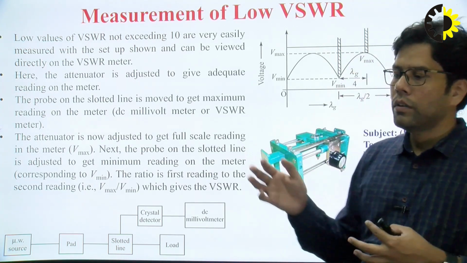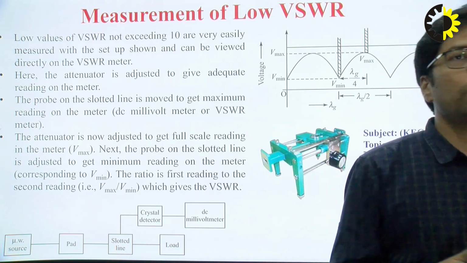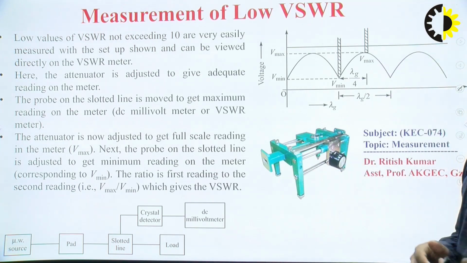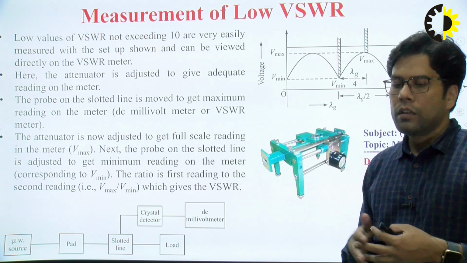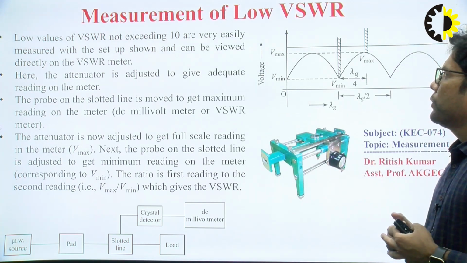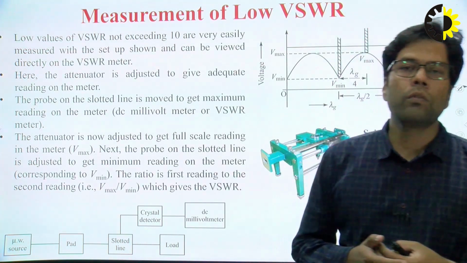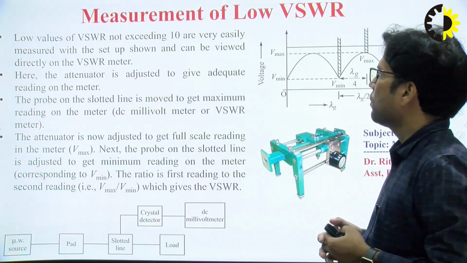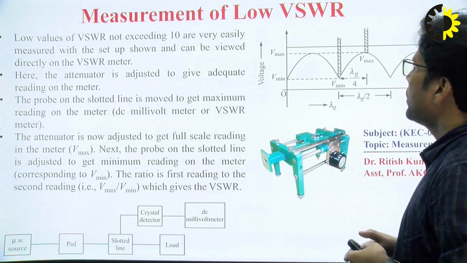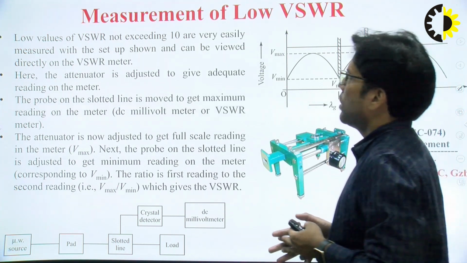If the value is less than 10, we consider it a low VSWR, while if it is greater than 10, we consider it a high VSWR. There are different techniques to measure the low VSWR and the high VSWR. First we will start with the low VSWR technique.